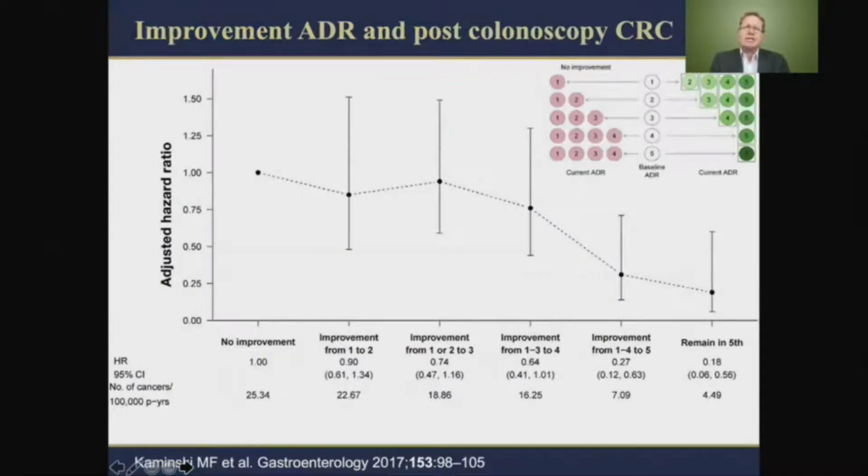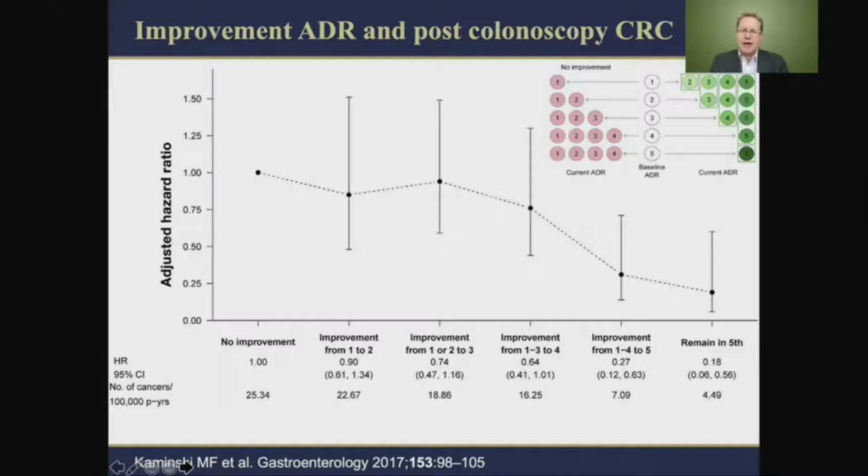There remains the question that all of this effort, there's obviously an association between adenoma detection and post-colonoscopy colorectal cancer, but that's not the same as causation. And so I was really pleased to see this data from Mikhail Kaminsky, who always produces very interesting and robust papers, looking at their Polish screening program and showing that for people who improved, going up ideally to the 5th, the highest group of detectors, that as you improve your adenoma detection rate, your post-colonoscopy colorectal cancer rate comes down.